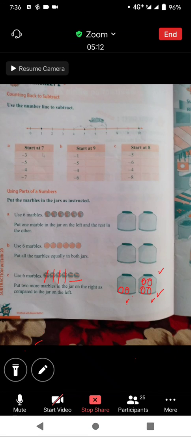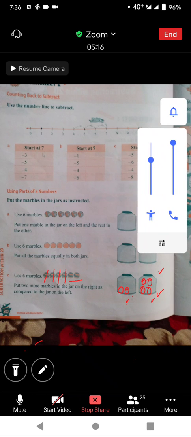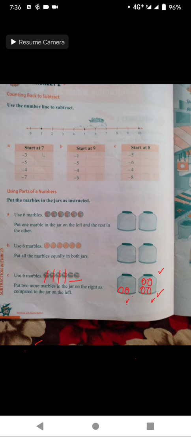Okay, so let's move on to worksheet 3, page number 31.